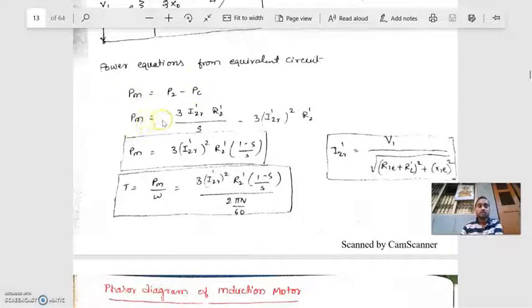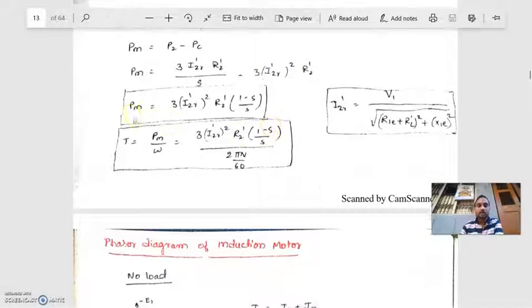P2 is equal to 3 into I2R dash whole square into R2 dash divided by S, minus PC, which is 3 into I2R dash whole square into R2 dash. The gross mechanical power is given by 3 times I2R dash whole square into R2 dash into (1 minus S) divided by S.